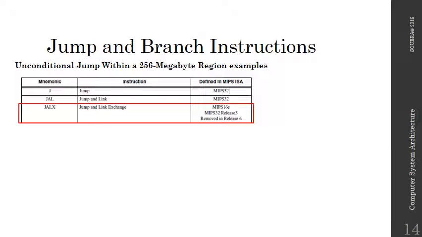Alright, so one of the last things that I showed my students were the jump and unconditional jump and the different things related to that. I mean, the different types of jumps. So I have an unconditional jump here.